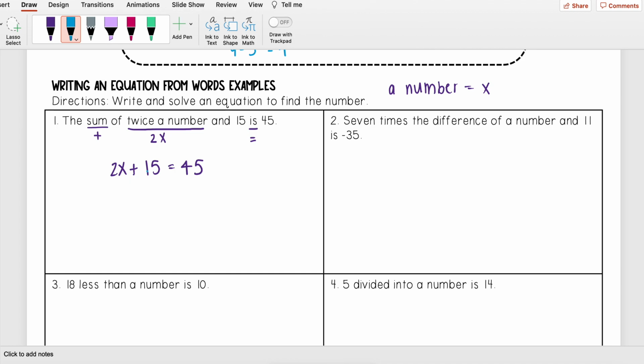First, when I am solving these, I always want to move whatever's added or subtracted first. So I'm going to subtract 15 from both sides, do that opposite operation. So I get 2x is equal to 30. And then I'm going to divide both sides by 2. And so I get that x is equal to 15.